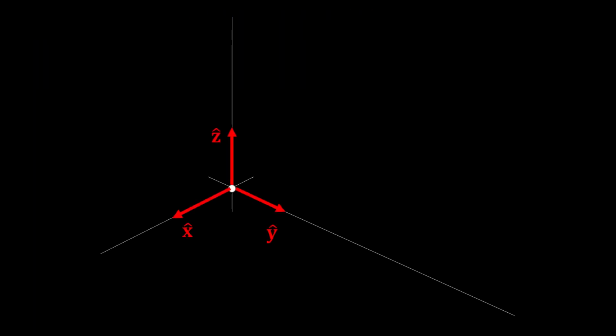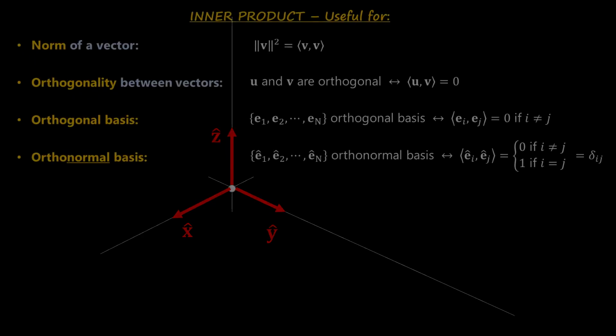For example, the usual basis that we use in 3D space, x hat, y hat, z hat, is an orthonormal basis. This is very easy to see because all of these three unit vectors are orthogonal to each other, and the three are unit vectors with a norm of 1.